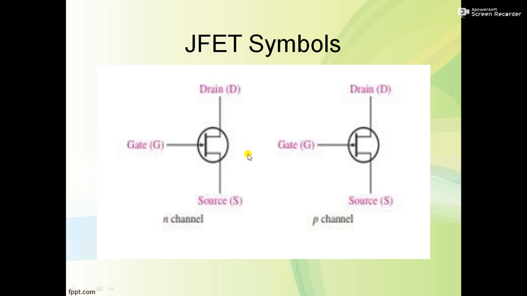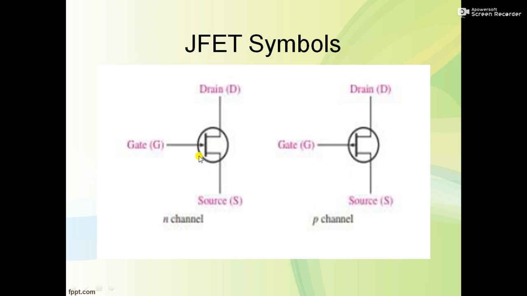So these two are the symbols of the JFET, N channel and P channel. In N channel, the direction of the arrow is towards the inside.